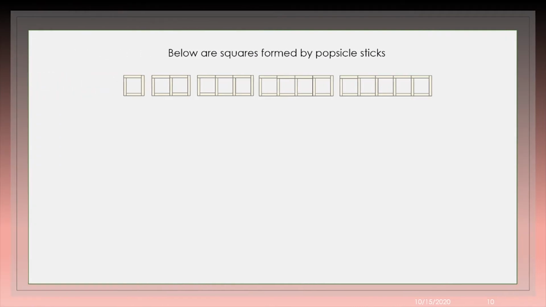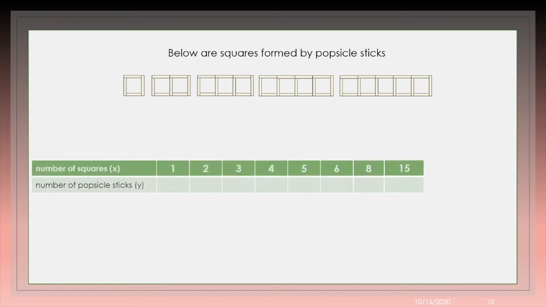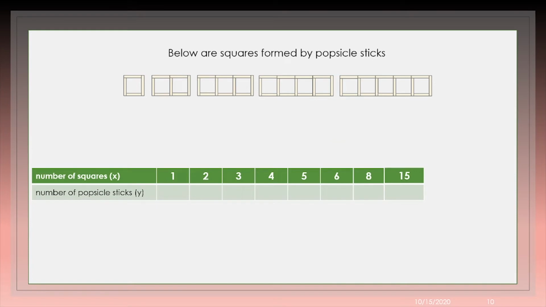So now, let us go back to our previous activity, the number of popsicle sticks. Let us use a table to represent the number of squares and the number of popsicle sticks. The first row, the number of squares, is denoted as x. It is 1, 2, 3, 4, 5, 6, 8, and 15.